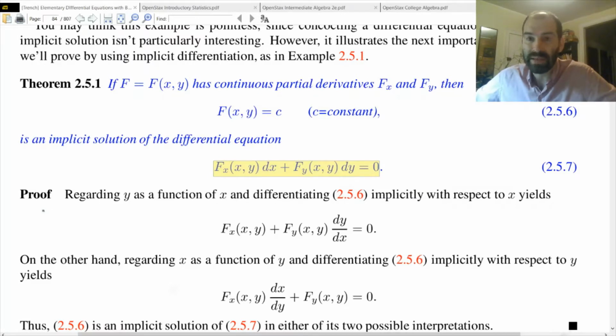And so that means that this is a solution to this differential equation. So if we start with a function of x and y set equal to a constant, it is the solution to such an equation. Now this is exactly where the word exact comes from, okay?